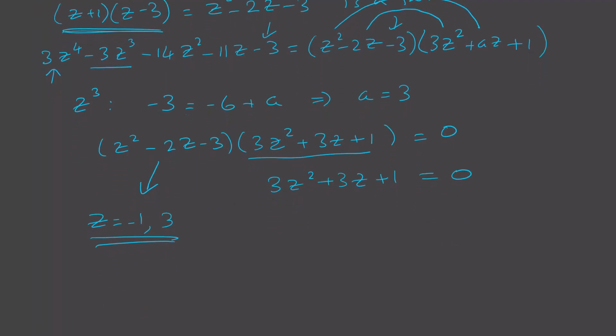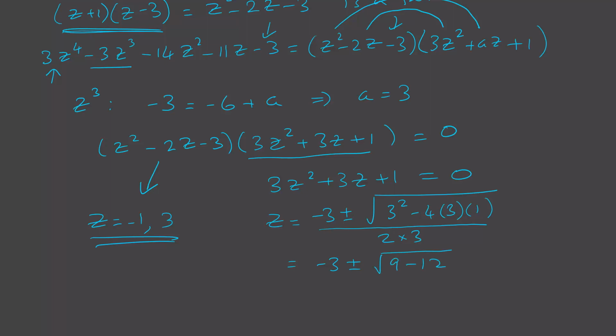Let's use the quadratic formula. z is going to be -3 plus or minus the square root of 3^2 - 4 times 3 times 1, all divided by 2 times 3. So that's -3 plus or minus the square root of 9 - 12 over 6.